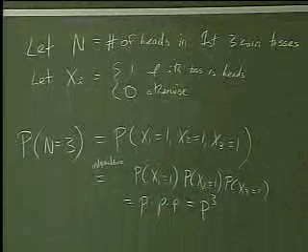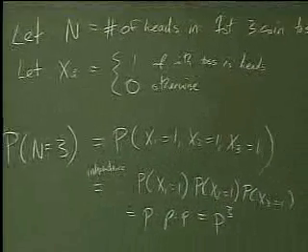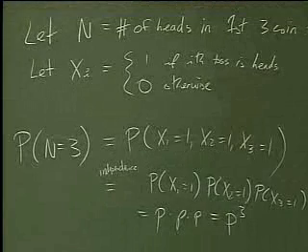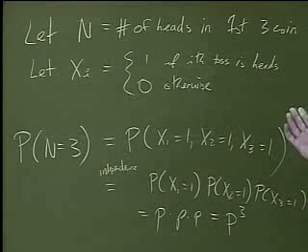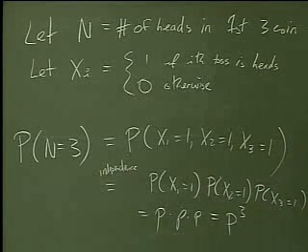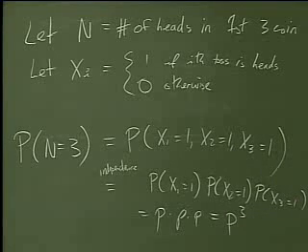Right? Everybody with me? When people think about probability, they just start here. Say, oh, it's independent with probability p, means I can multiply them together. Well, this is what it means more formally. Okay?